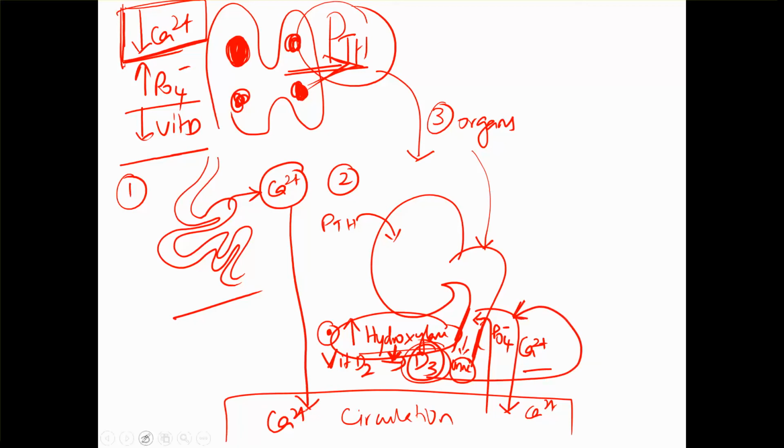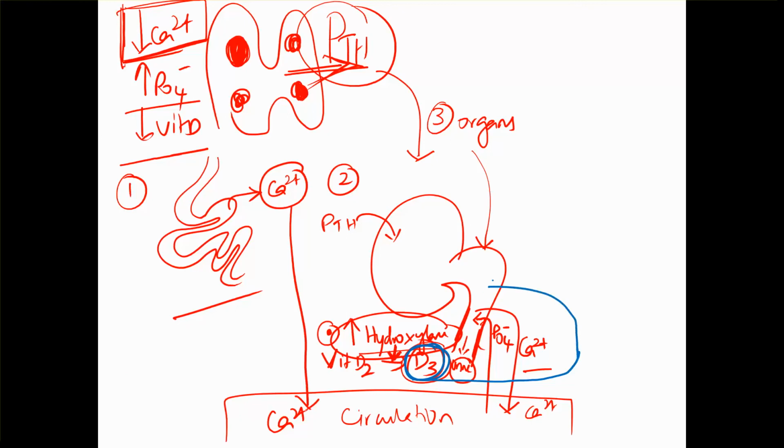Why they make more vitamin D3 is, the vitamin D3 again goes to the renal tubules. I'll draw in a different color. So the vitamin D3 goes to the renal tubule and they absorb calcium. So let's draw the renal tubule.